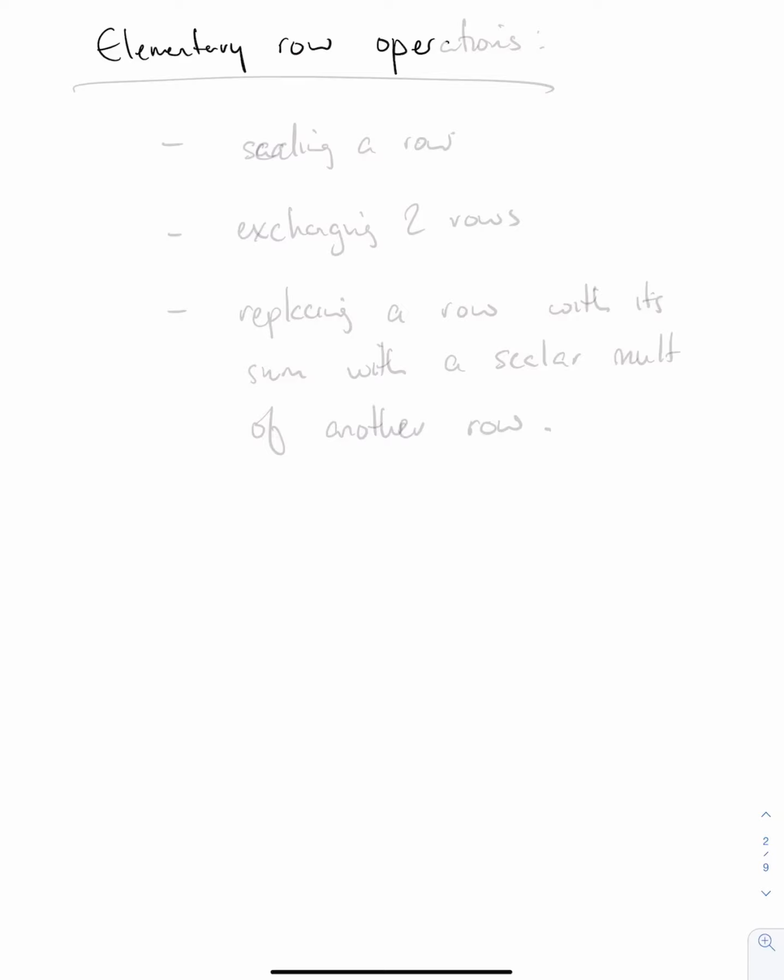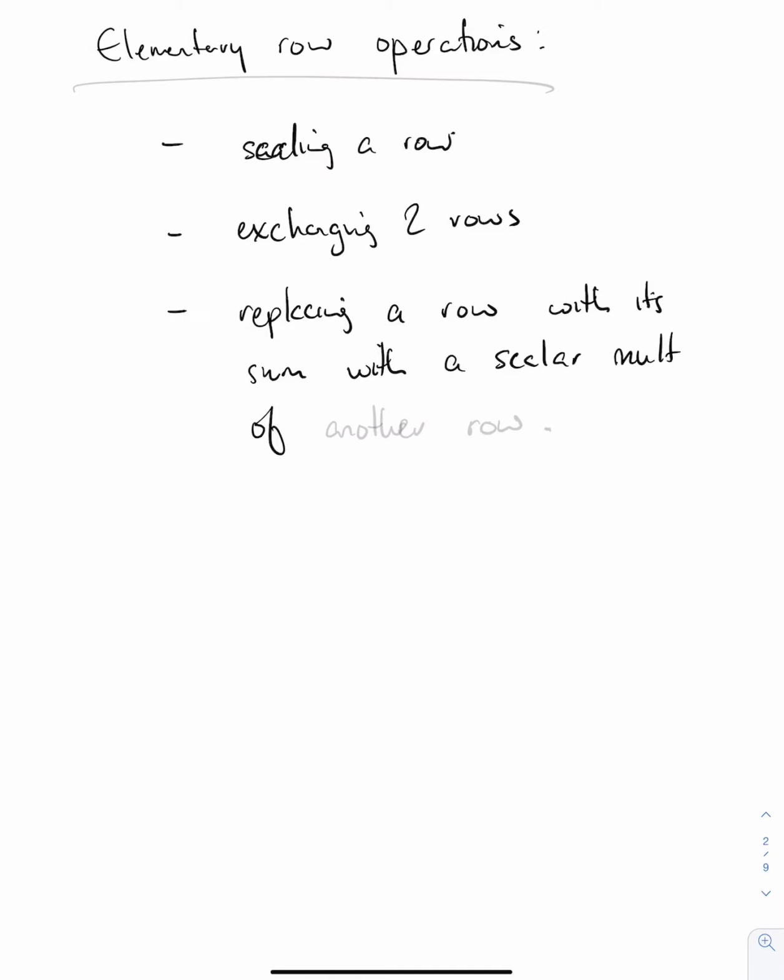Our elementary row operations come in 3 flavors. Scaling a row, exchanging 2 rows, and replacing a row with its sum with a scalar multiple of another row.